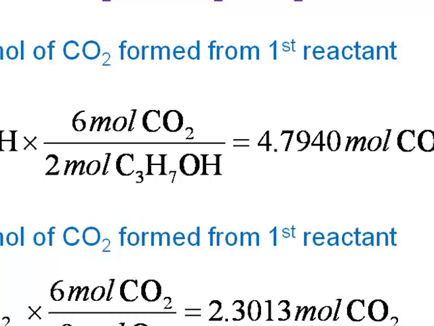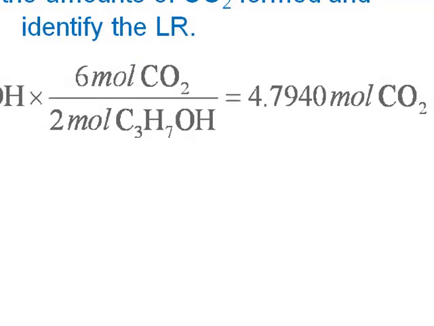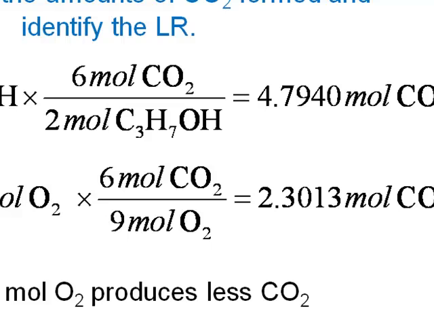Typo there. Obviously, you do the second reactant. And this is 2.3013 for this example. So you can see which one is bigger, first or second in this case. So the first one is bigger. That means the second one is our limiter. So, just like before, O2 is going to be the limiter.